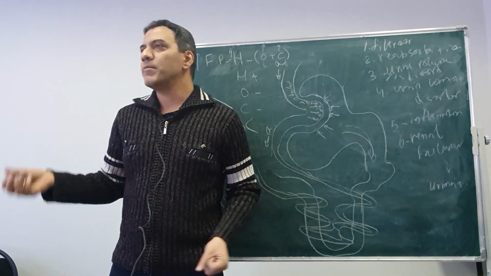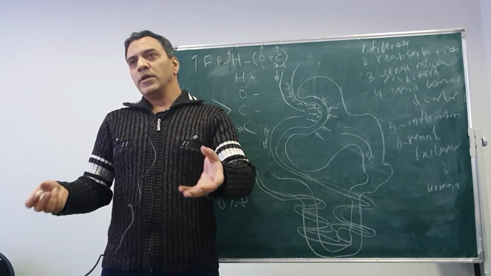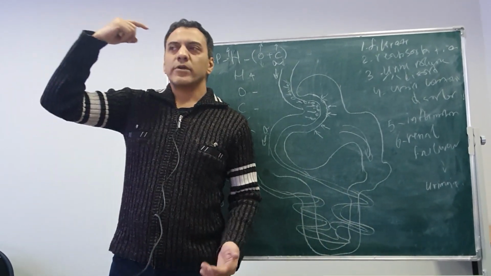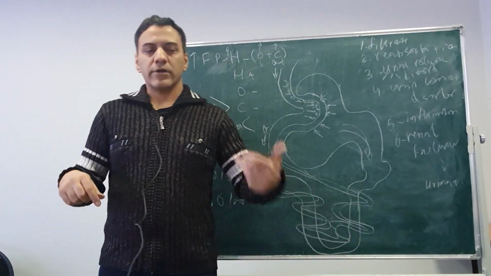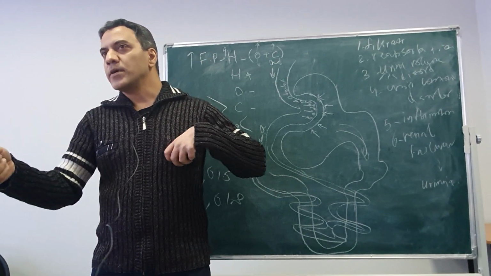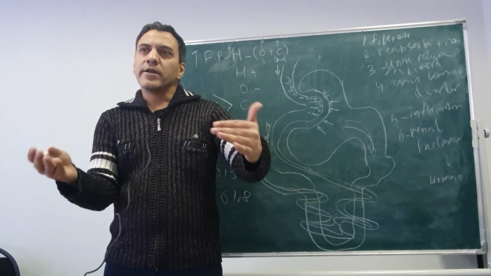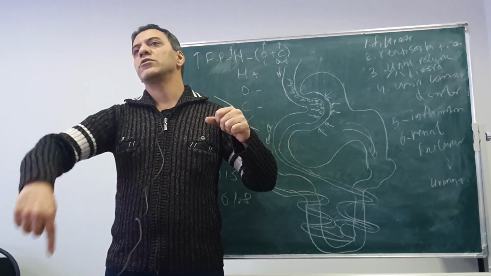Is uremia bad or very bad? Very bad, because urea contains ammonia. It's very toxic, for the brain, toxic. It can lead to coma. For the heart, also bad, because together with uremia, we could have hyperkalemia, high potassium level, because no sodium reabsorption.